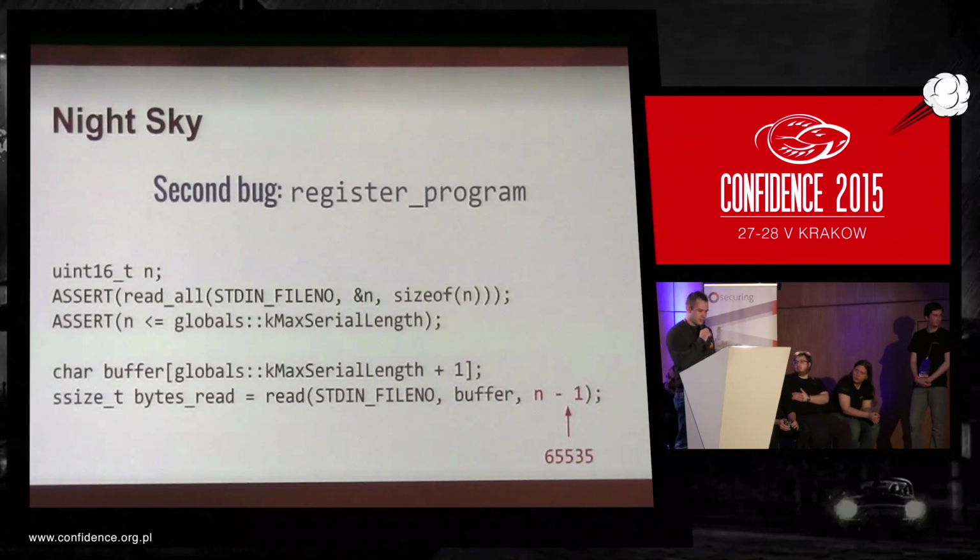Once you had this, you had to use a second bug, which was a stack-based buffer overflow, but it was pretty specific. You couldn't really control the size by which you overflow the buffer, because it's a corner case where you specify n equals 0, and then you really read n minus 1 bytes, which, in terms of having a 16-bit variable, means 64K.